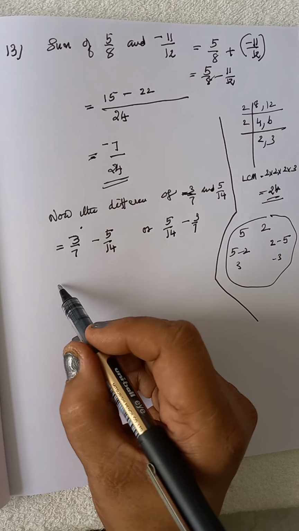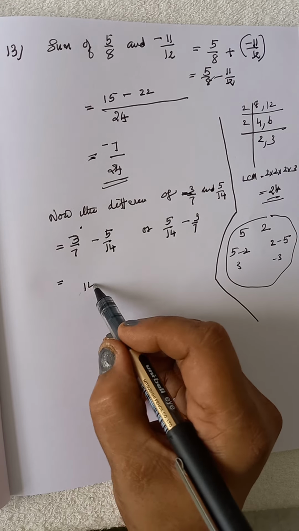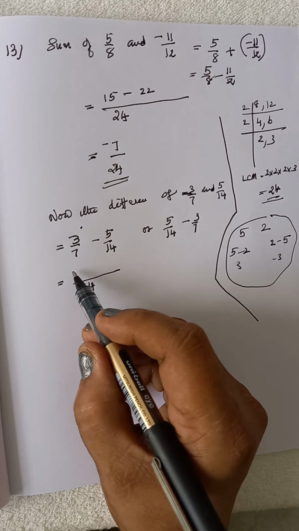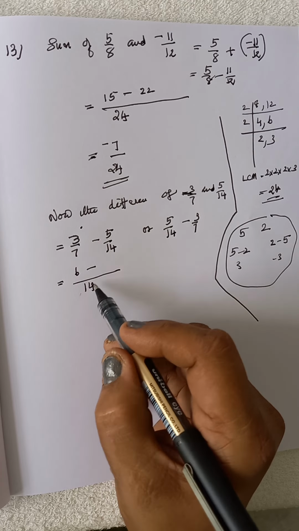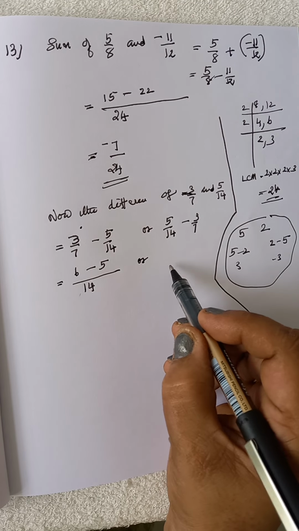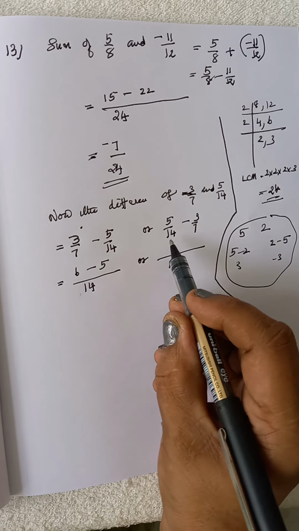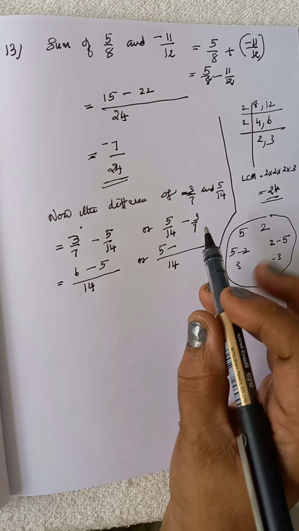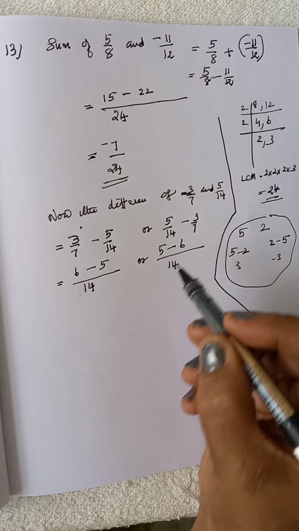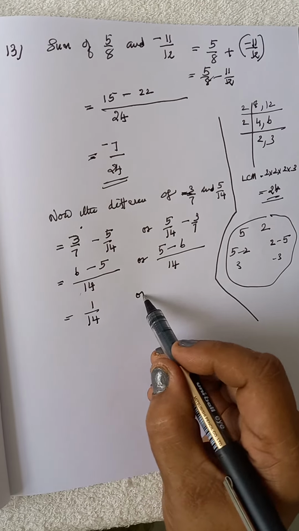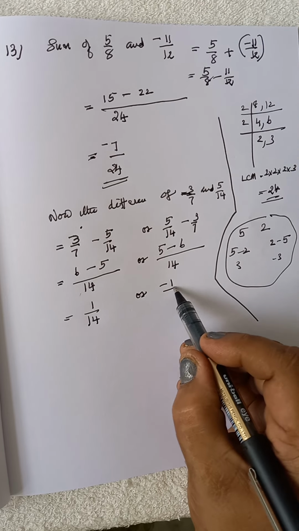The LCM is 14 here. 14 by 7 is 2, 2 into 3 is 6, minus 14 by 14 is 1, 1 into 5 is 5. Or 14 by 14 is 1, 1 into 5 is 5, minus 14 by 7 is 2, 2 into 3 is 6. So this is equal to 1 by 14, or this can be minus 1 by 14.